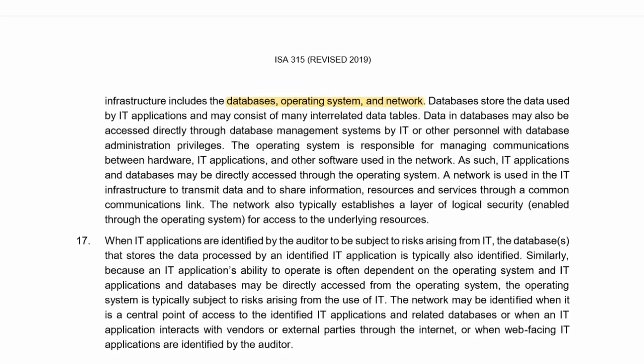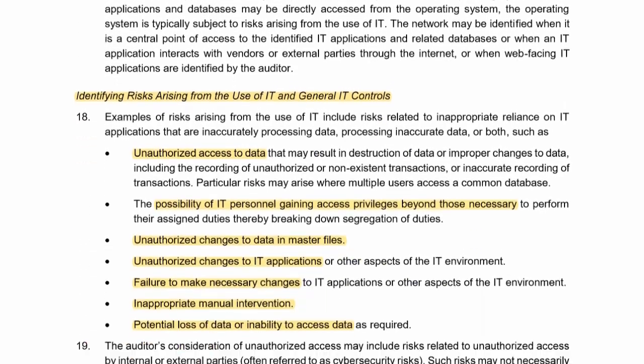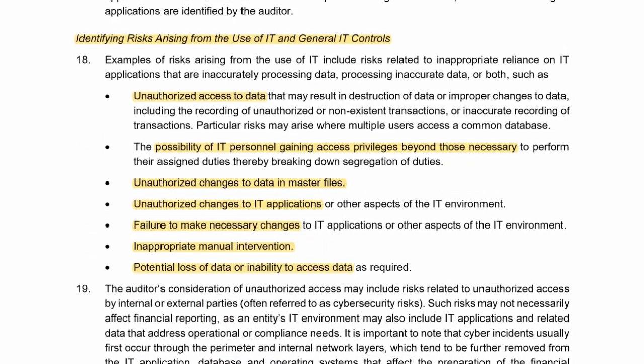Okay, and then it just explains the different types of infrastructure and additional risks using IT: unauthorized access, unauthorized changes, failure to make changes where they actually need, inappropriate manual intervention, and loss of data.